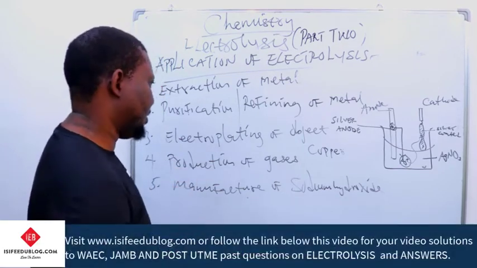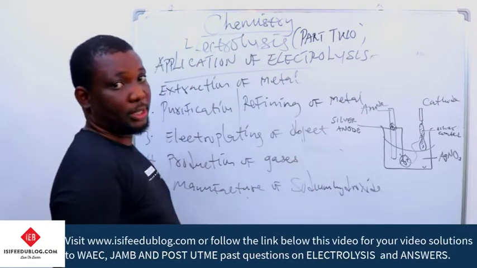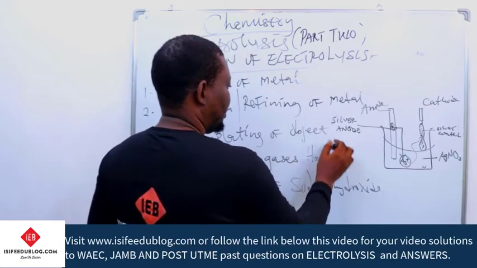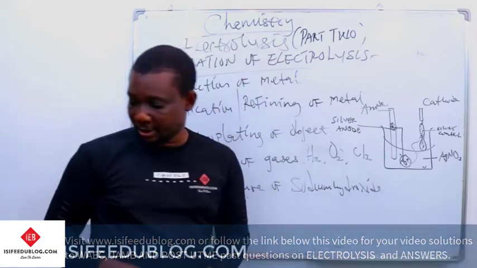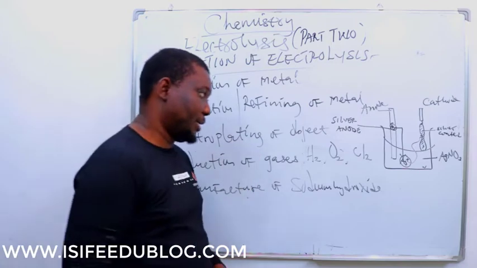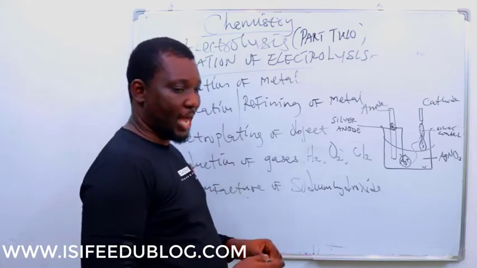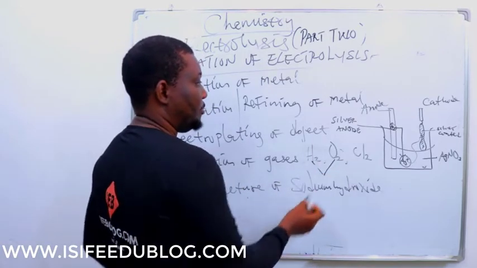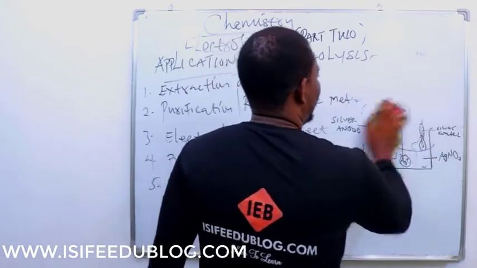In the production of gases, there are some gases that can be obtained by electrolysis. Such gases can be hydrogen gas, oxygen gas, or chlorine gas. You can get these three gases via electrolysis. Like in the electrolysis of acidified water, hydrogen and oxygen can be obtained using Hofmann's voltameter.